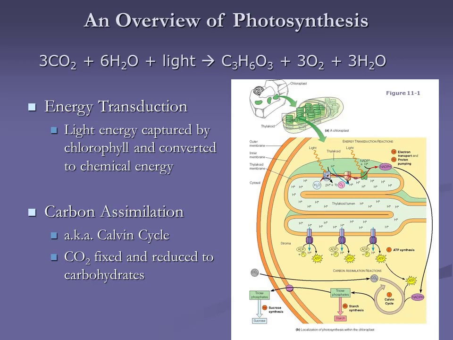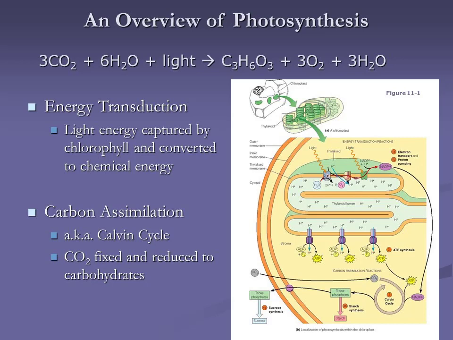We're going to convert those photons of light into chemical energy, so that's referred to as a transduction of the energy. And then we're going to have something that's called carbon assimilation. That's the putting together of these individual carbons from CO2, combining them together into a single carbon molecule.